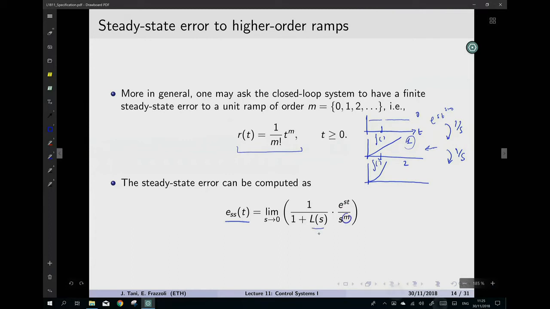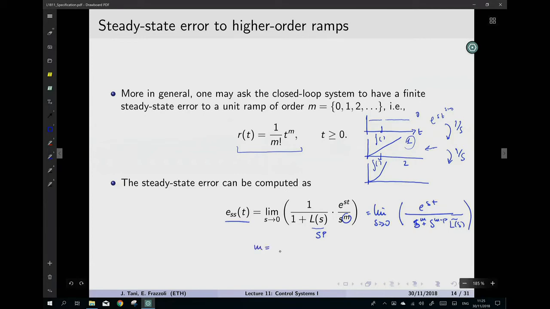Let's say we isolate p poles in 0 from L of S. And then this becomes the limit for S that goes to 0 of E at the ST over S to the M plus S to the M minus P L of S, where L of S in this case is considered not to have poles and zeros because we just removed them for showing this case. Now, if M, we can basically generalize what we said before.